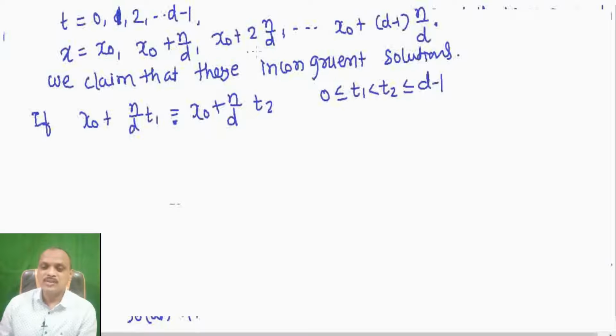We have taken any two from these, and let us take that they are congruent modulo n.